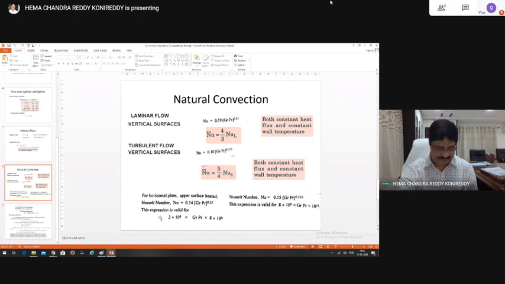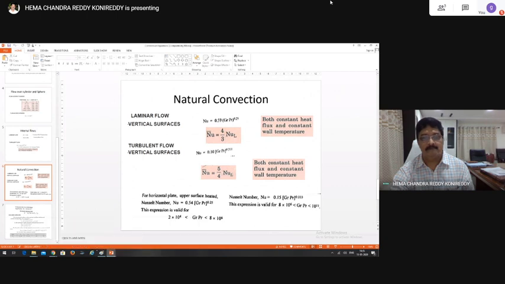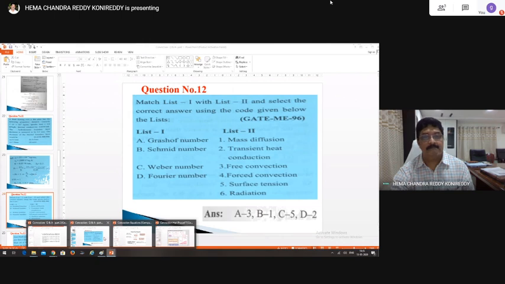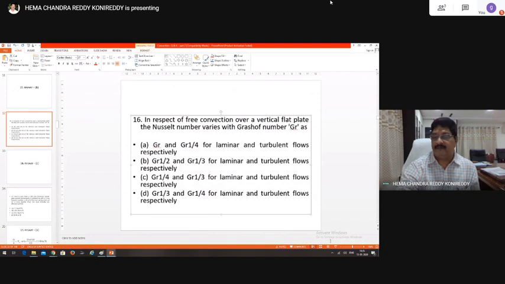So it is Gr power 1 by 4 for laminar flow and Gr power 1 by 3 for turbulent flow. Agreed.